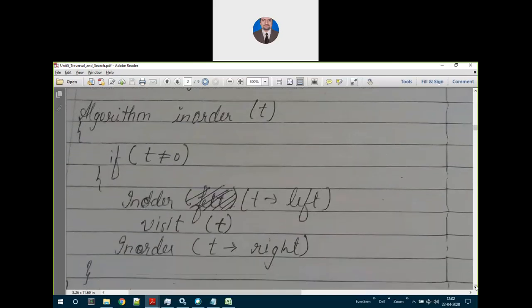The only difference in the algorithm is the order of appearance of these three statements. In in-order, first we visit the left of the tree, then the parent itself, then the right of the tree, done in a recursive manner.